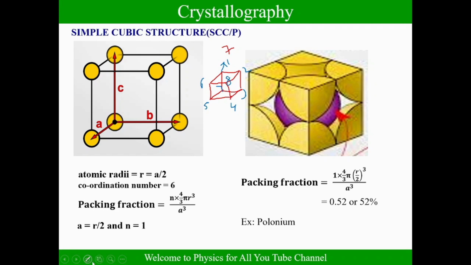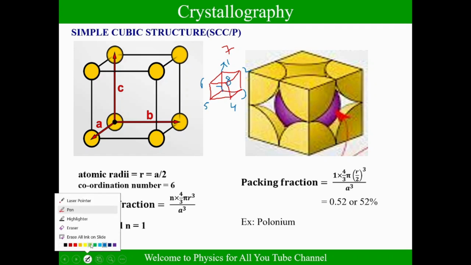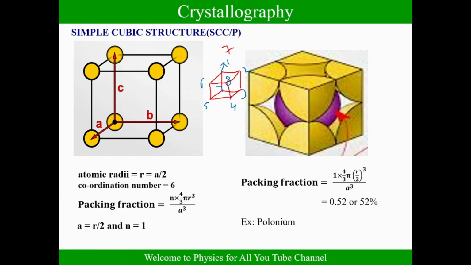At each and every corner of the unit cell, we observe one atom occupied. At this corner one atom is present, here one atom, so second atom, third atom, fourth atom, fifth, sixth, seventh, and eighth atom.